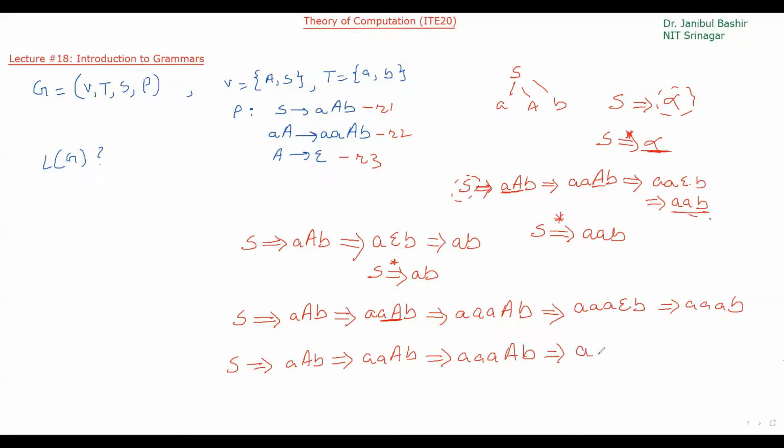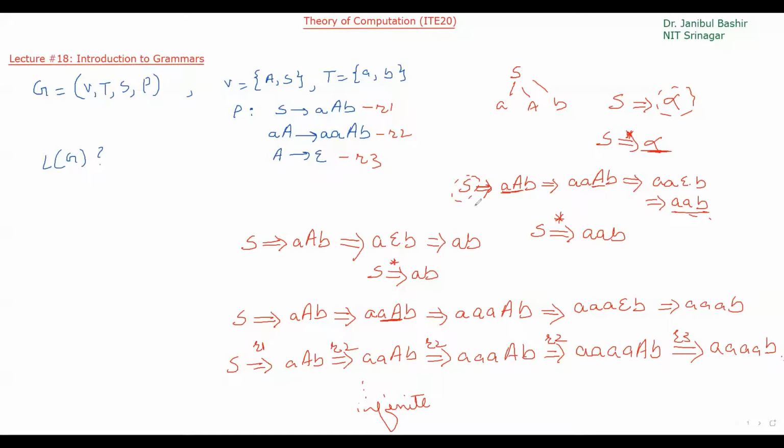So here I was using rule 1, here I am using rule 2, here rule 2, here again rule 2. Now let's say I am using rule 3. So there are multiple, infinite possible strings that can be generated using this grammar.